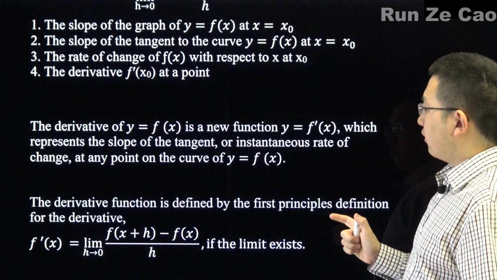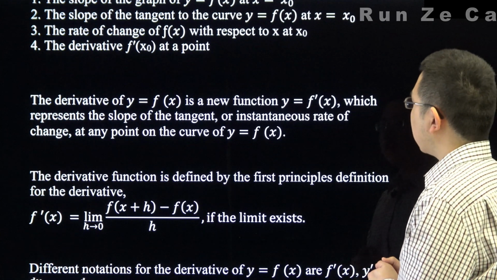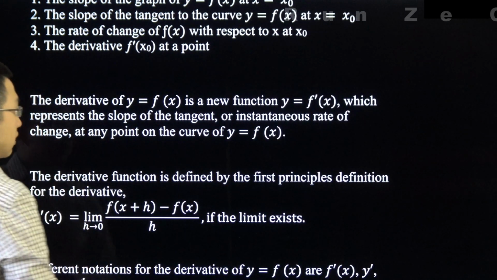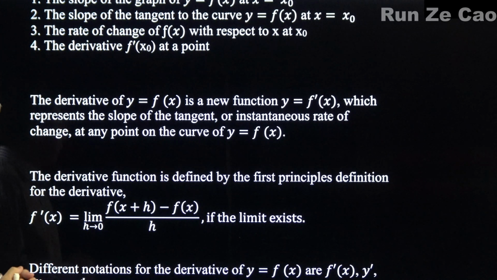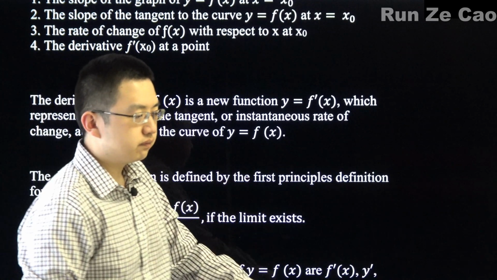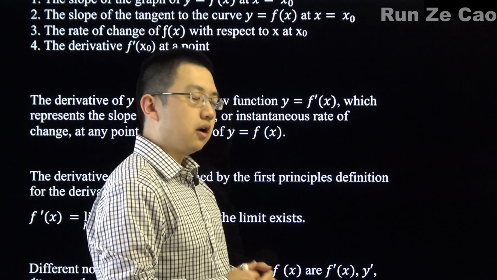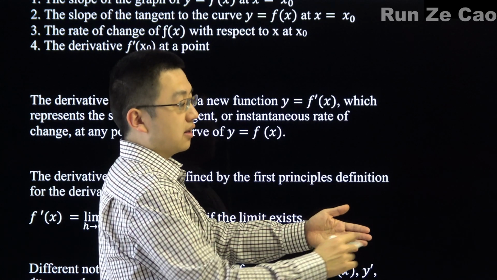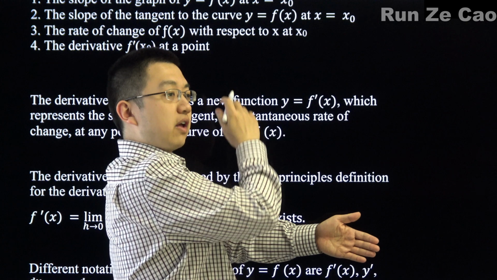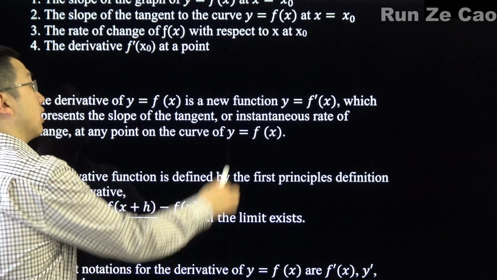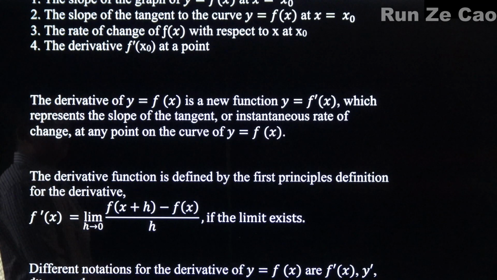Now the derivative of y equals f of x is a new function, y equals f prime of x. This represents the slope of the tangent. So in other words, if we were to plot all the slopes of the curve along a new graph with x-axis and slope of f of x as your y-axis, we end up with f prime of x.